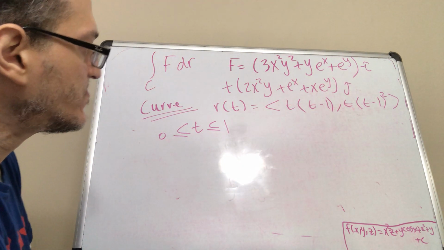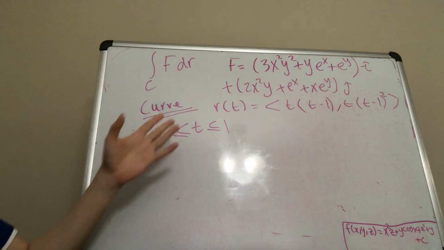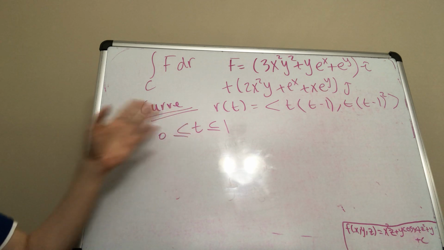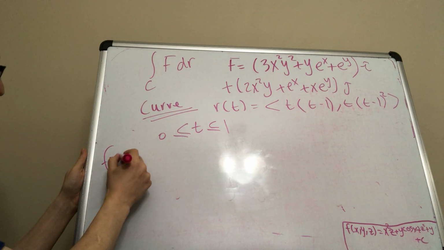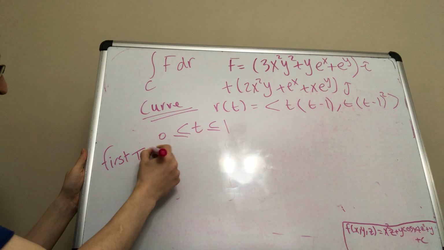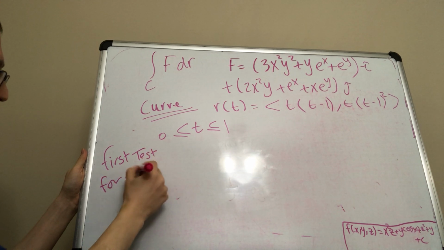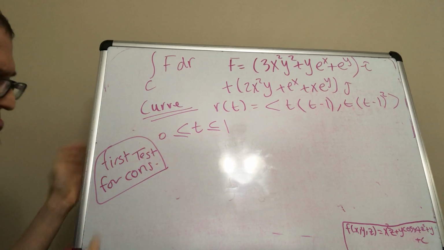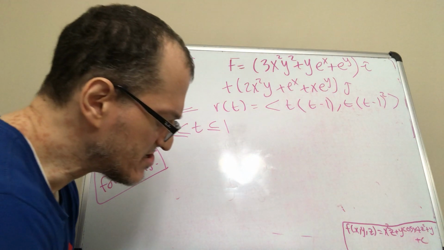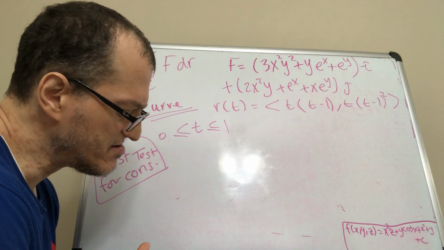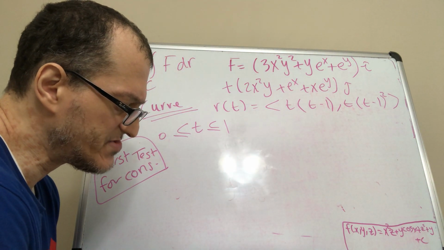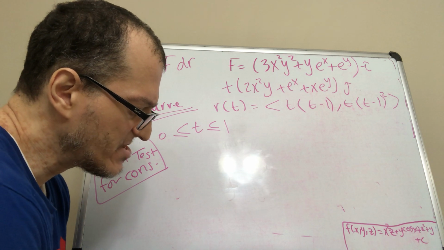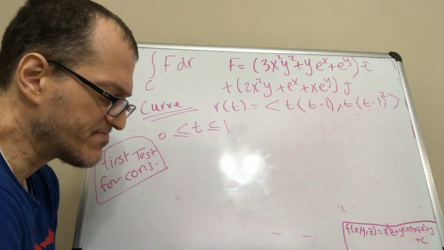When they tell you to do this and they give you the curve, first test if it's conservative. And I tell you in the question, prove it's conservative, and I tell you it is.